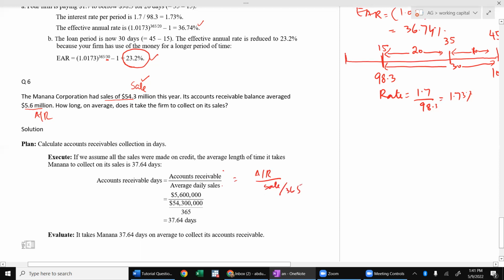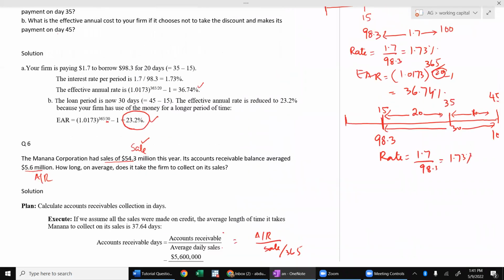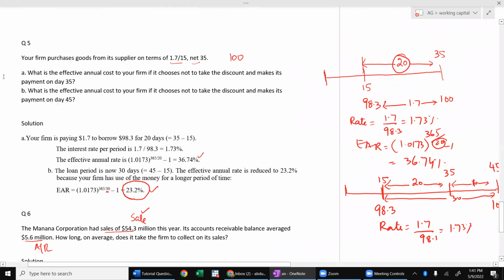So our answer would be 37.64 days. It takes 37.64 days to collect receivables or convert receivables into cash. So these are some of the questions that we require to do in working capital management.